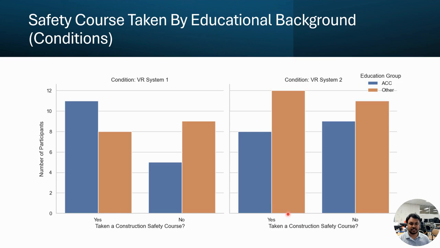So here we can see more participants in VR1 have taken the safety courses overall percentage-wise, but for both groups, a significant portion of the participants have not taken any safety courses regardless of educational background.